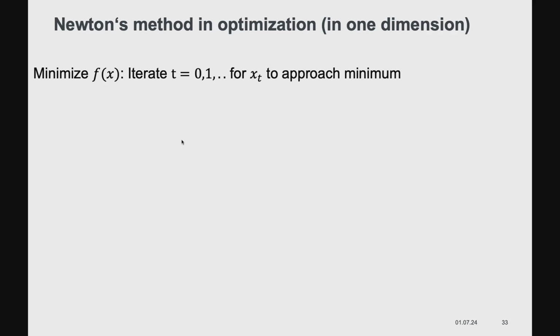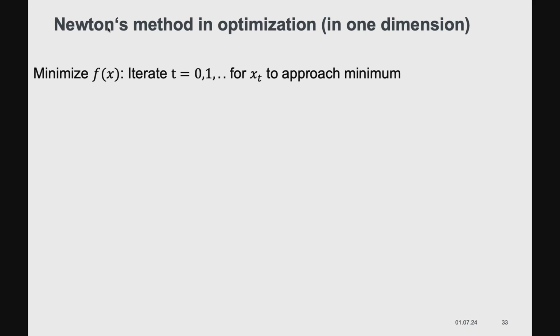Now, when we want to minimize the loss, we can relate this to finding the minimization of a function. This would be here. Minimization of a function is the place where f prime is 0.